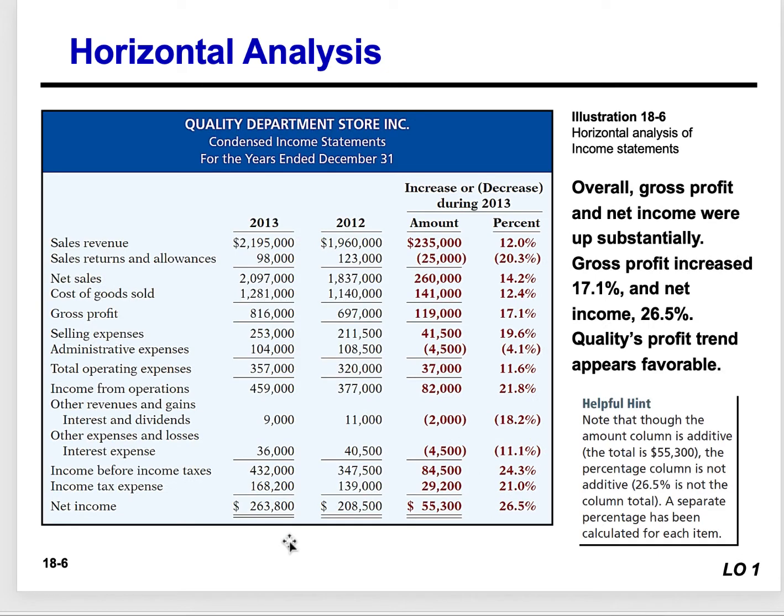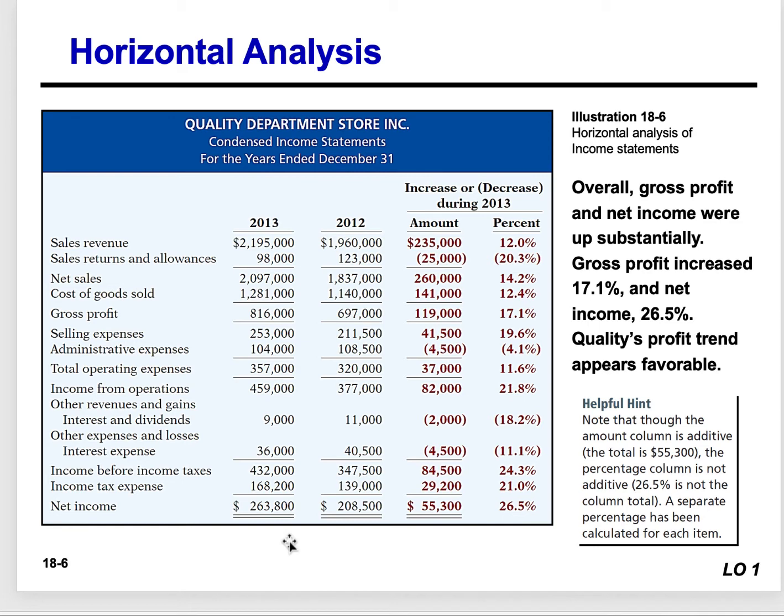We could do the same thing to the income statement, right? We can apply horizontal analysis to the income statement. So one of the major items on the income statement obviously is going to be our sales revenue, right? We can look at our sales revenue and say, okay, how did our sales revenue change from 2012 to 2013?